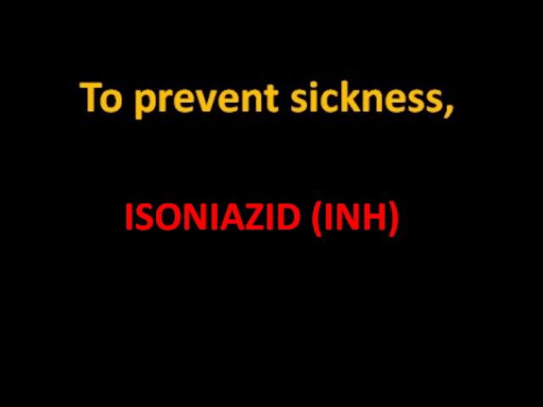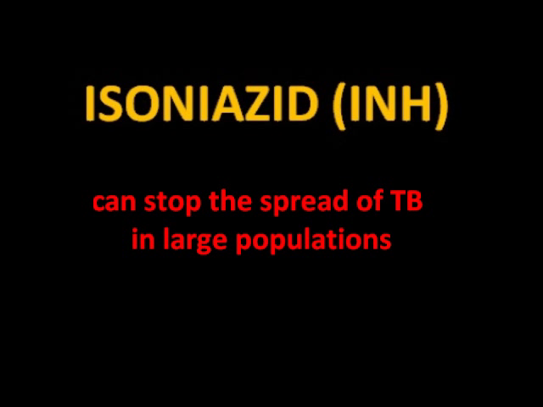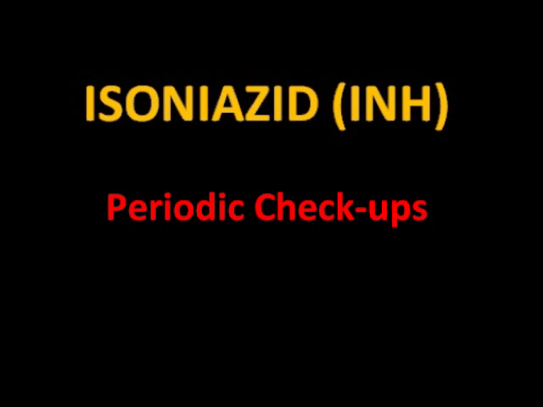To prevent sickness, your doctor usually prescribes a daily dose of isoniazid, also called INH, an inexpensive tuberculosis medicine. Isoniazid stops the spread of tuberculosis in large populations. When taking isoniazid for up to a year, periodic checkups are necessary to make sure you are taking it as prescribed and that it is not causing undesirable side effects.